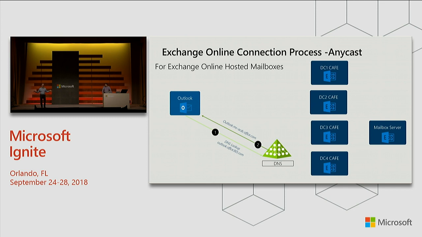This is not a reference to the band. ACDC refers to Anycast DNS on CAFE. And if you look at the name server records that are responsible for resolving that query, you'll find some of Microsoft's Anycast IP addresses. So we now have DNS capacity, DNS service running on CAFE servers across our data centers.